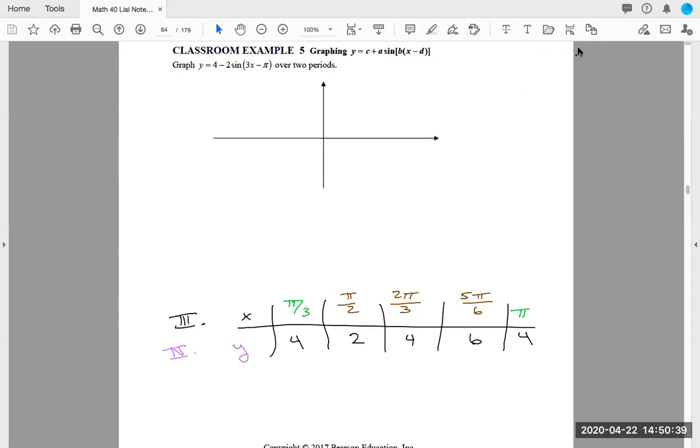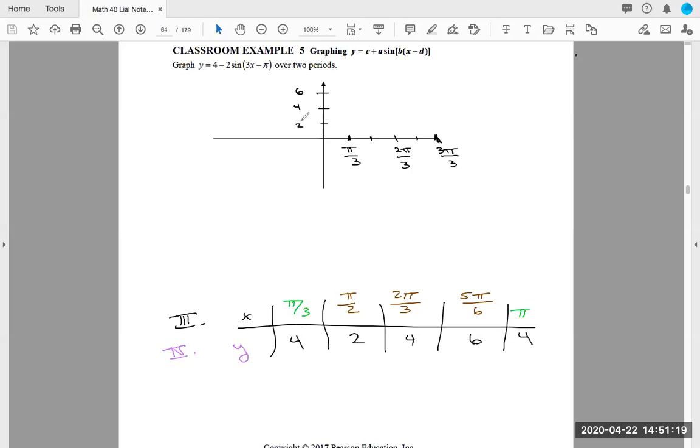Let's put pi over 3 right here, 2 pi over 3, and then 3 pi over 3, which is pi. And then in the middle, we're going to have 2, 4, and 6.